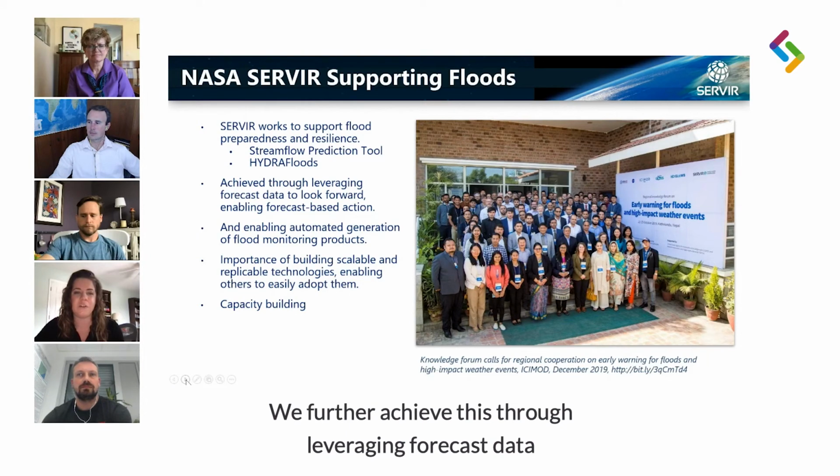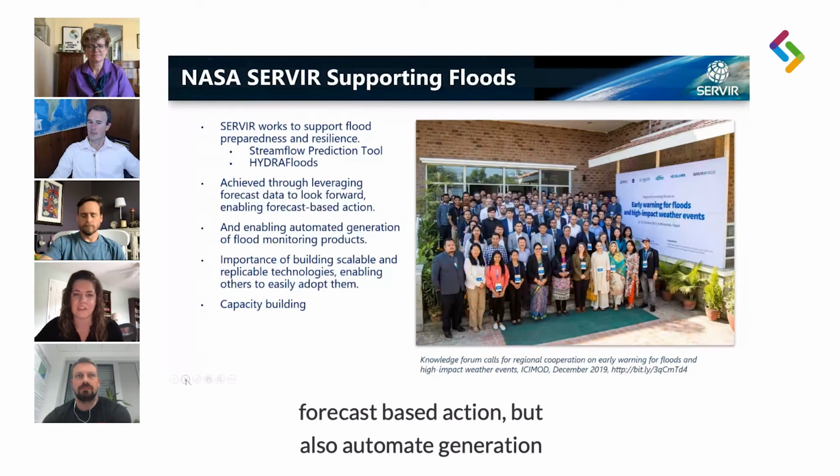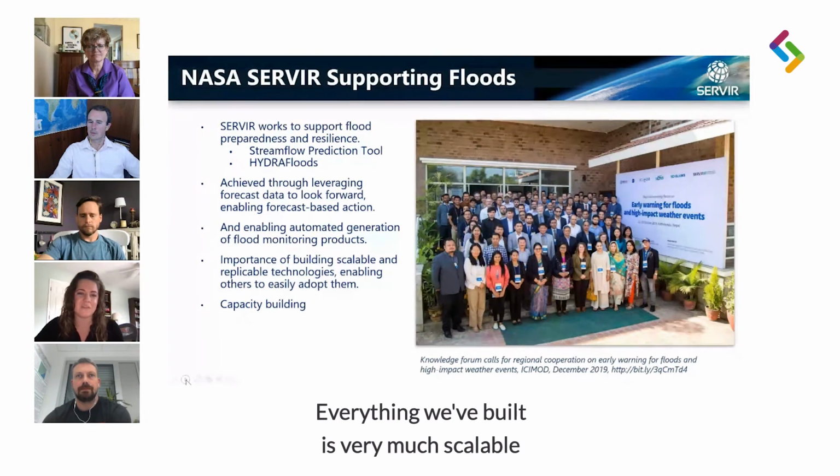We further achieve this through leveraging forecast data to look forward into the future to enable forecast-based action, but also automate generation of flood products to help reduce the barrier and put these data in the hands of stakeholders. Everything we've built is very much scalable so that others can take it and replicate it.